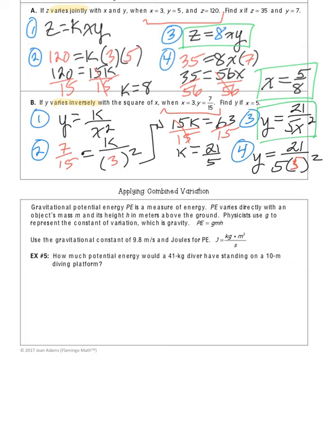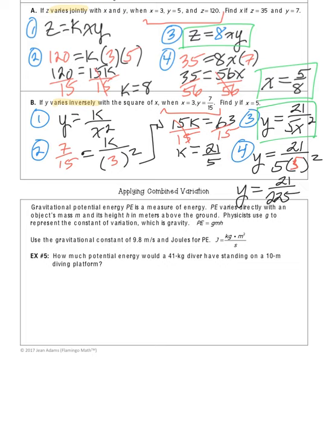So we have y equals 21 over 225. Oops, I meant 125, not 225. 125. There you go. Okay, so those are the two parts to that one.